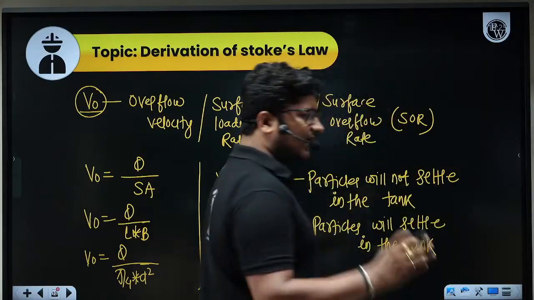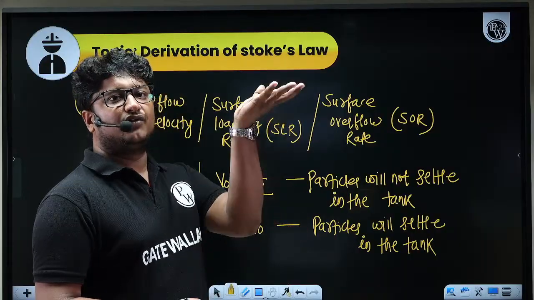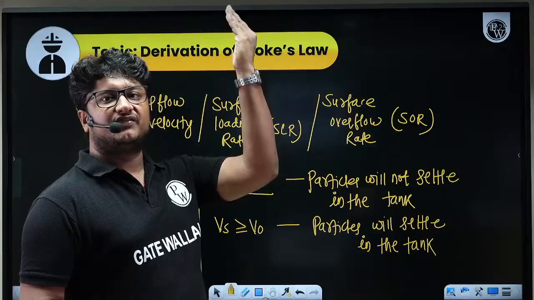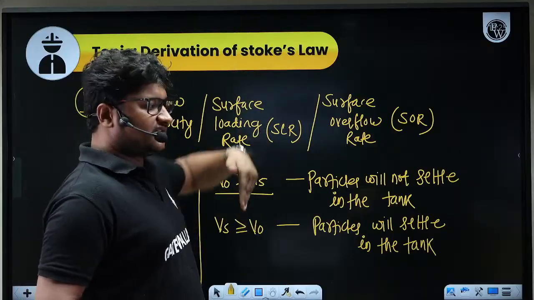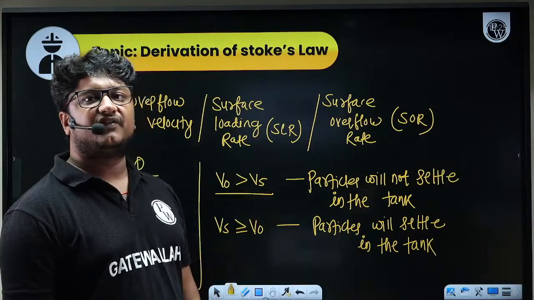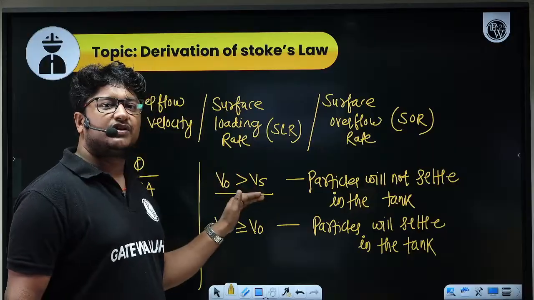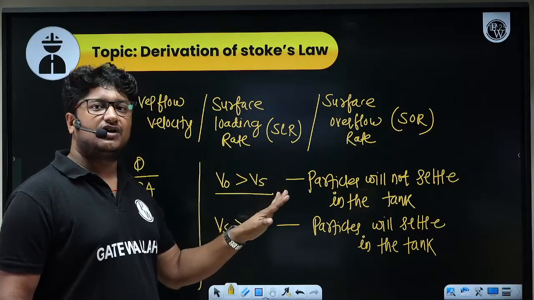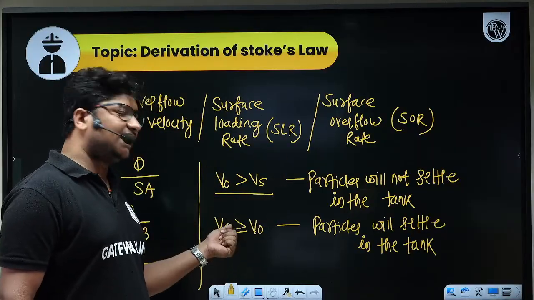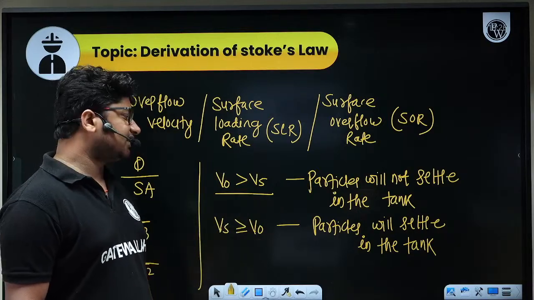So the particle experiences two velocities: the overflow velocity, which is vertically upward, and the settling velocity, which is vertically downward. Between these two, whichever wins, the particle will react accordingly. If V naught is more than Vs, the particle will not settle in that tank. If Vs is greater than V naught, the particle will settle in the tank.